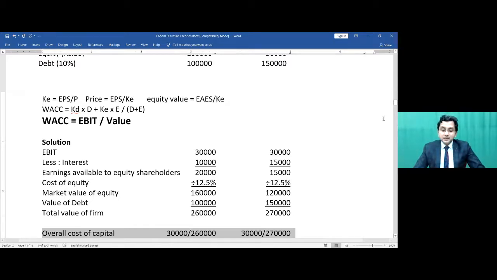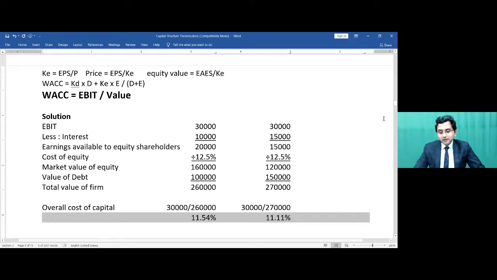And in the other case, EBIT is 30,000 and value of firm is 2,70,000. I solve it. I get overall cost of capital equal to 11.54% and 11.11%.